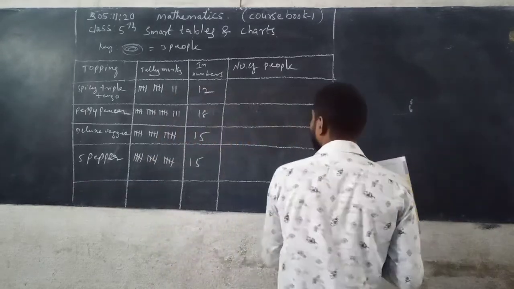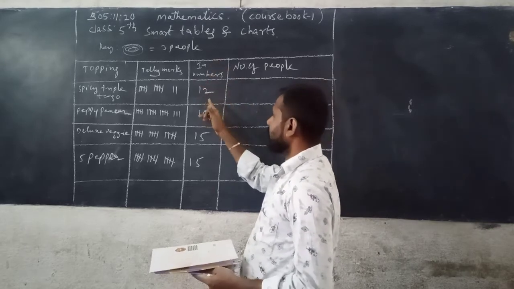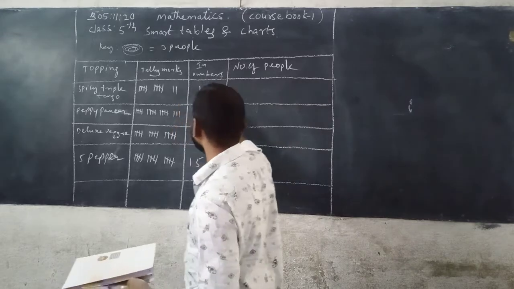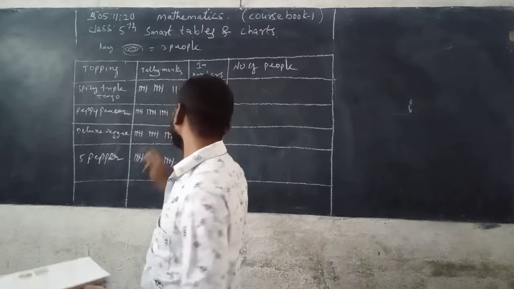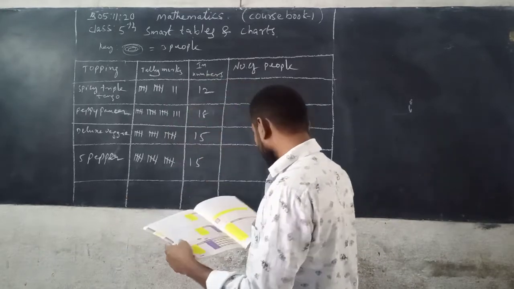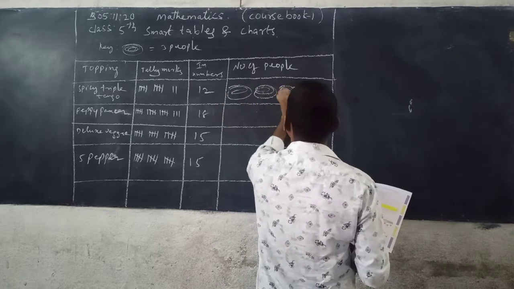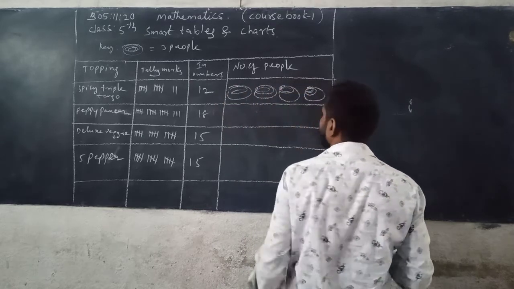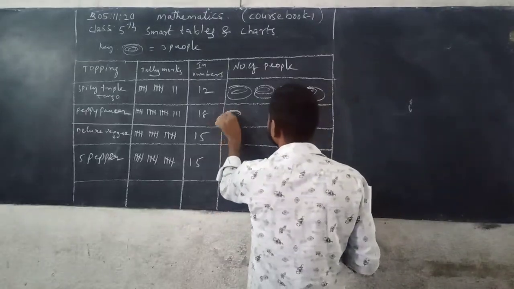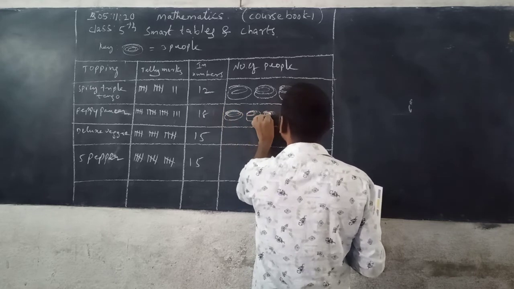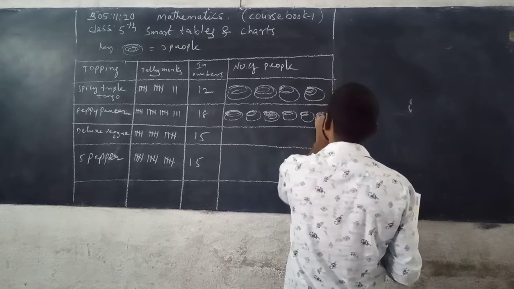So this is the given information. Here 12, tally marks, convert into numbers. 12 divided by 3, you get the number of people. One pizza is equal to 3 people. So 3 for the 12, you can draw 4 pizzas. Next, 18 divided by 3, you get 6.